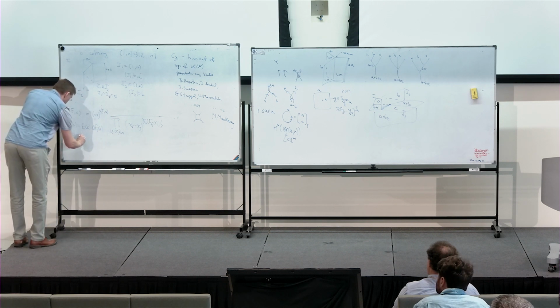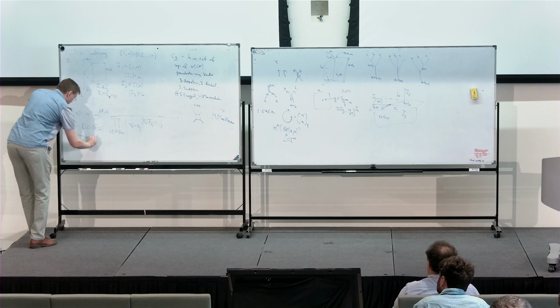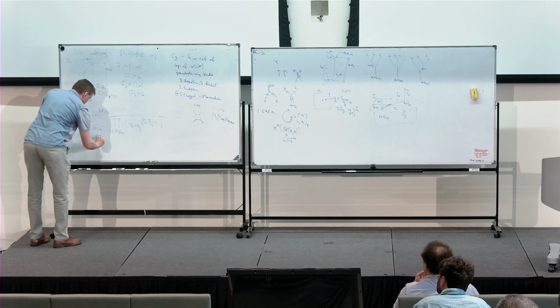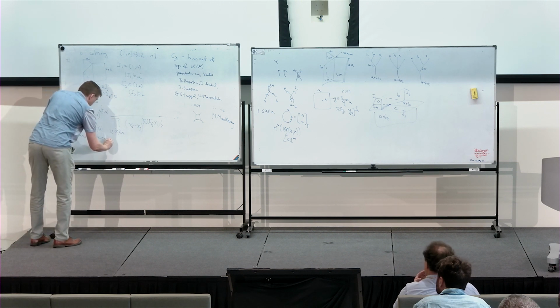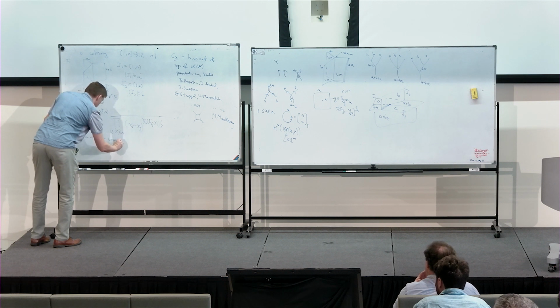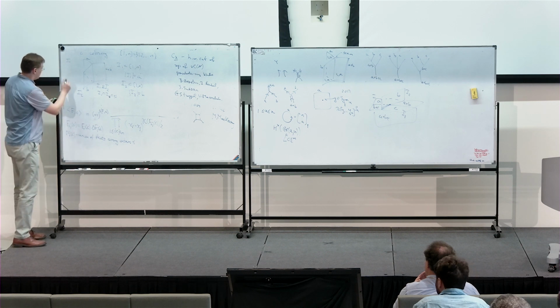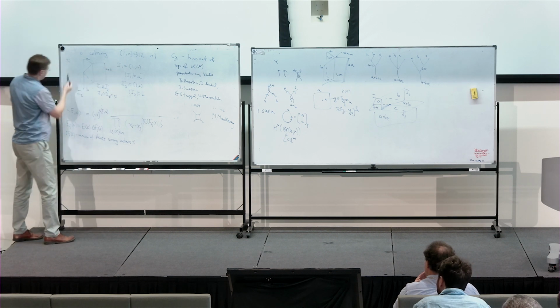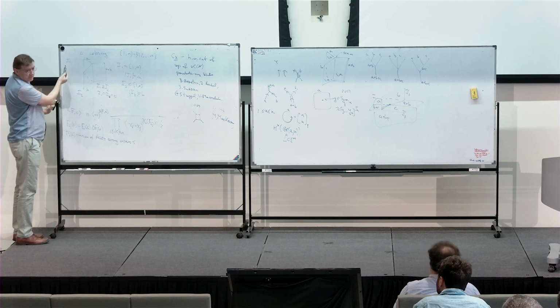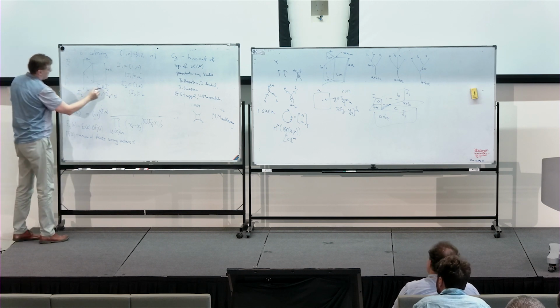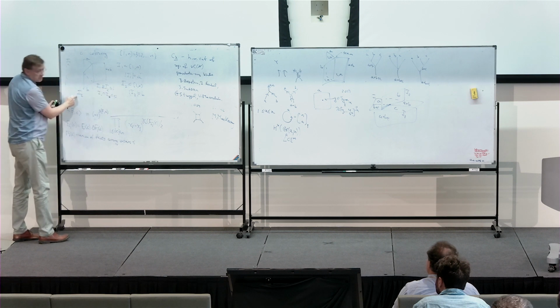Where Fi of C is a union of facets such that the coloring contains i. So for a given element i from 1 to n, each facet either contains i or it doesn't. If this one, for instance, contains i, then the union contains i, but this one doesn't contain i.